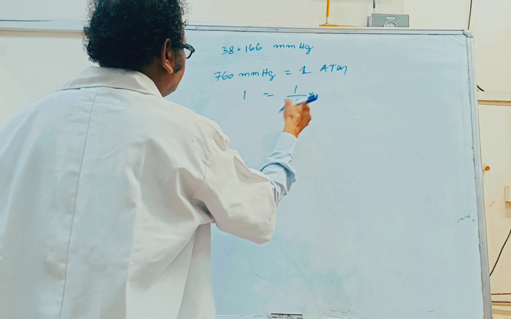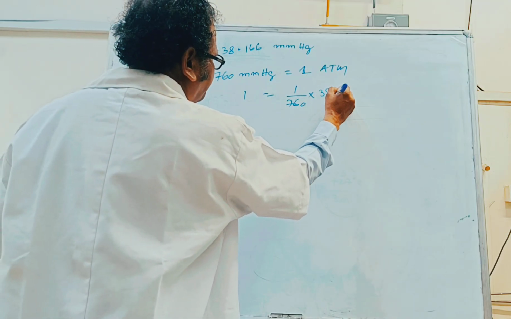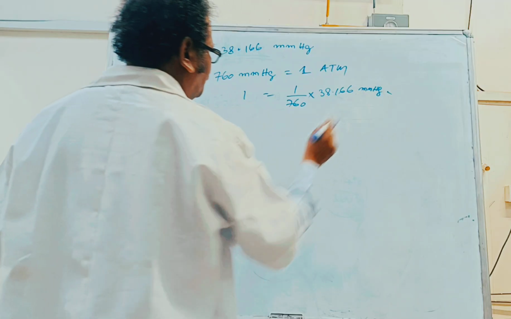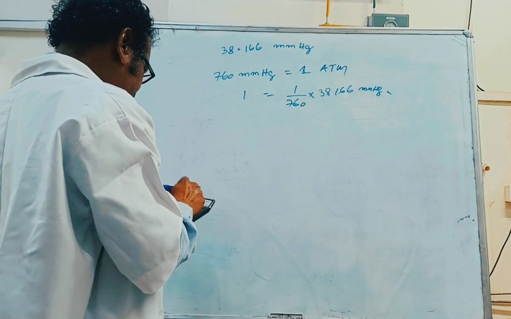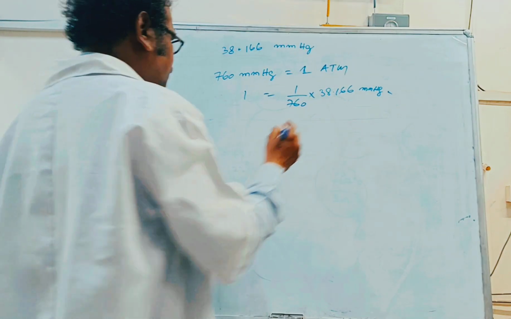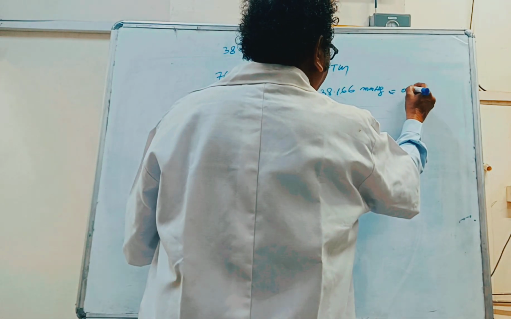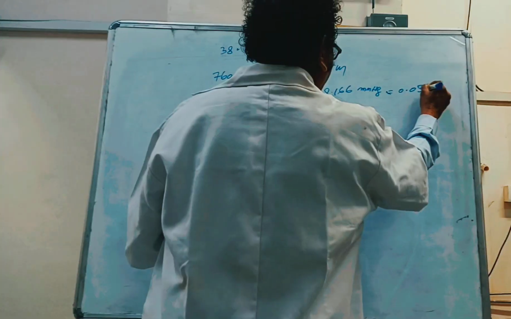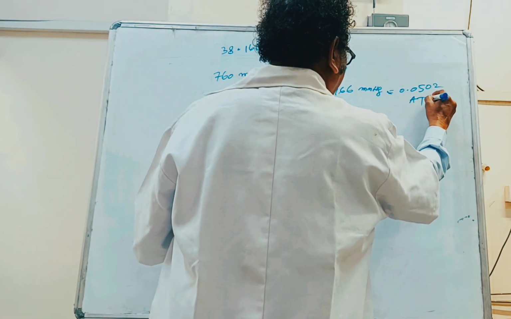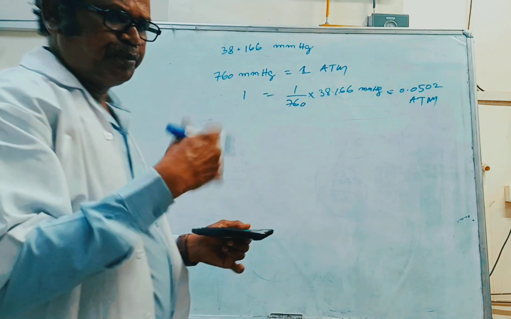So 38.166 mm Hg divided by 760 is equal to 0.0502 atm, where atm means atmospheric pressure.